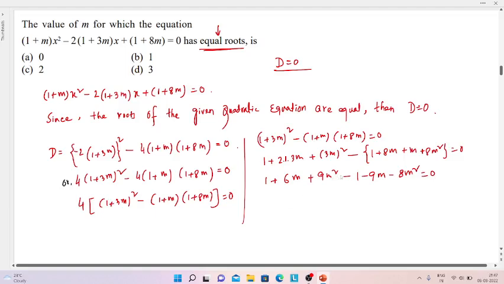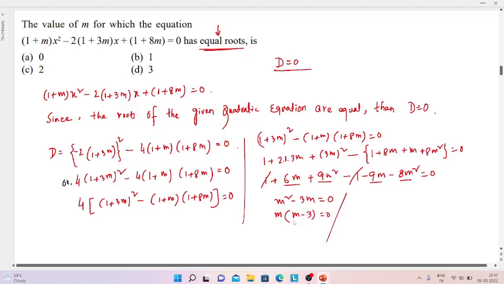So 9m square minus 8m square becomes m square, plus 6m minus 9m becomes minus 3m, and I can cancel out 1 and minus 1. So we have m square minus 3m equals 0. Taking m common, it becomes m times m minus 3 equals 0.